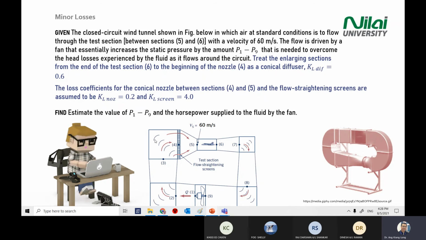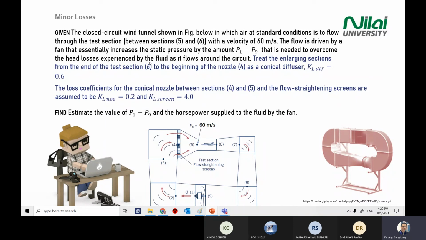And you can see there's a curved line here, which is called the guide vane, where we guide the flow in a certain direction. So at the four corners, you have guide vanes. You need to calculate something. The flow is driven by a fan, essentially increasing static pressure by the amount of P1 minus P9. So there is an increase of pressure between these two points.